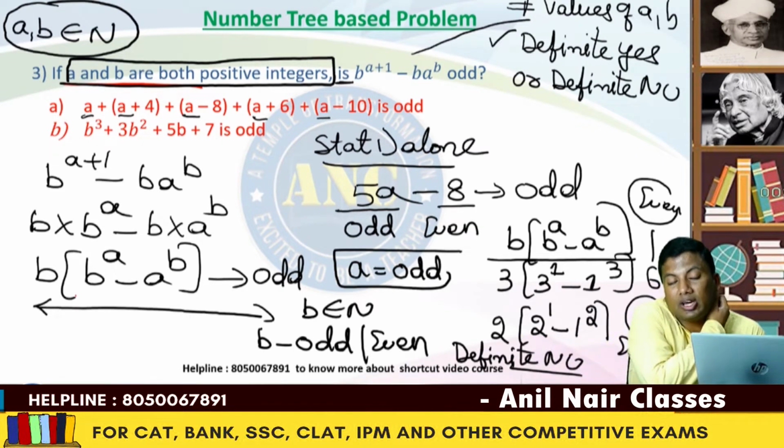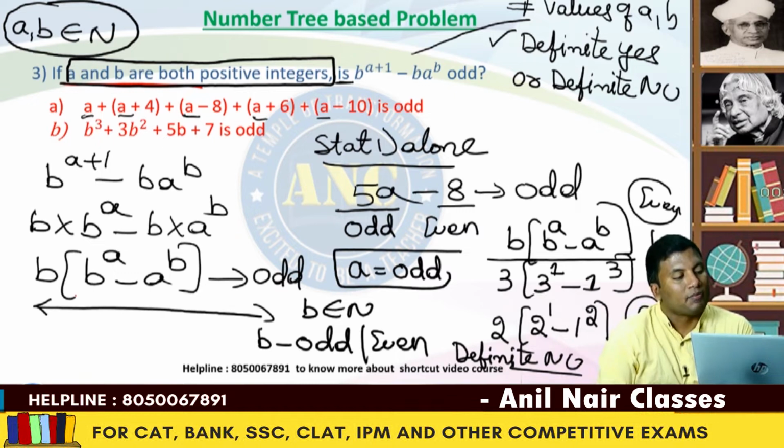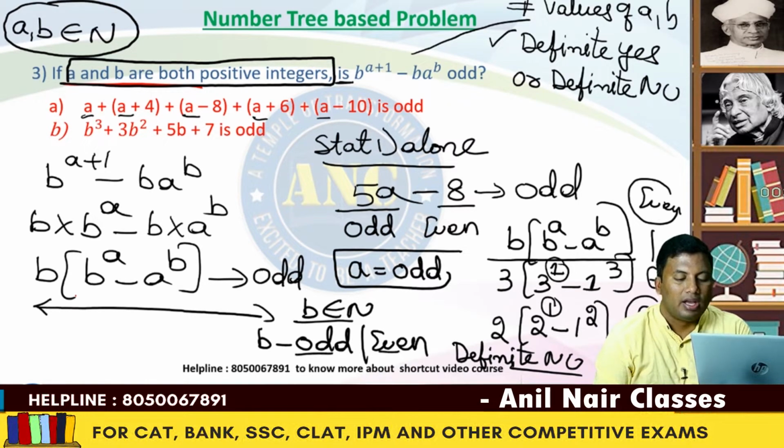That multiplication of two terms should be an odd number. 5A minus 8 is an odd number because 8 is even. A is odd. B is a natural number, so it could be odd or even. In both the cases, I got an even number. Answer is a definite no. That means statement 1 alone is giving me the answer, definite no.